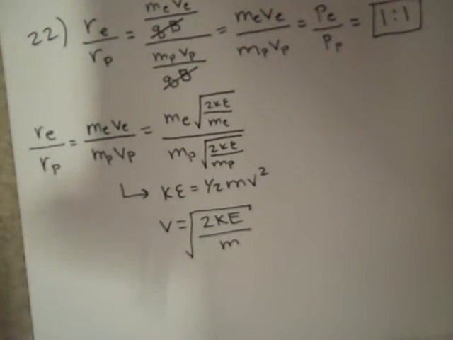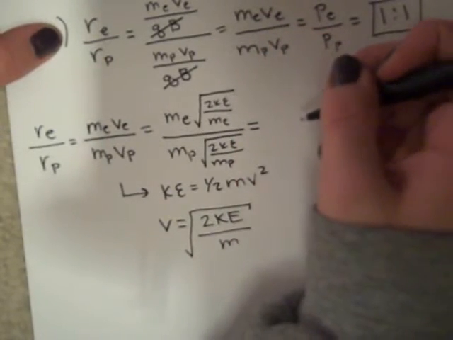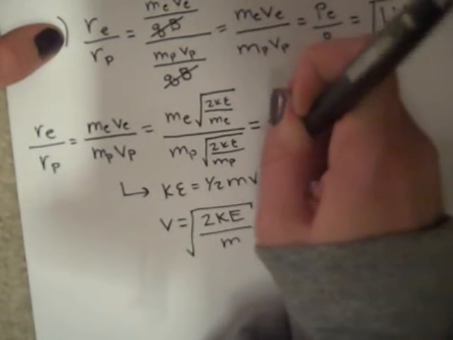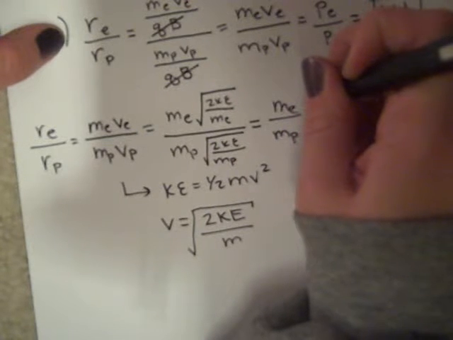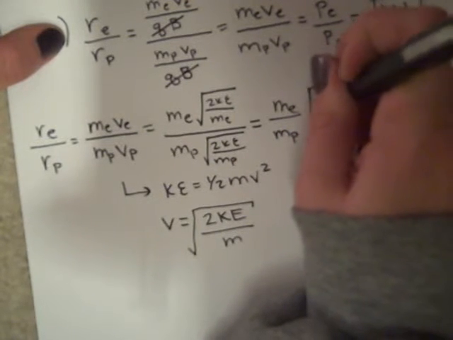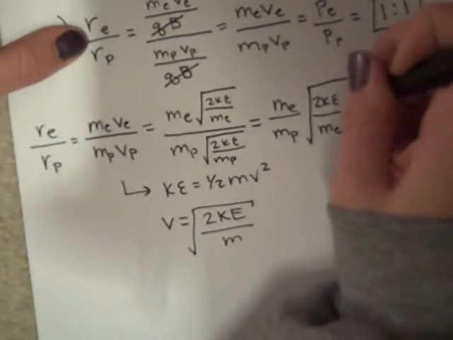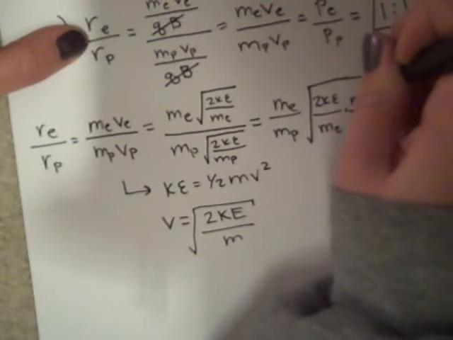Now it's just up to the math of simplifying this. What I would do is put everything under our square roots. We're going to get the mass of the electron divided by the mass of the proton times the square root of 2ke divided by the mass of the electron times the mass of the proton divided by 2ke.